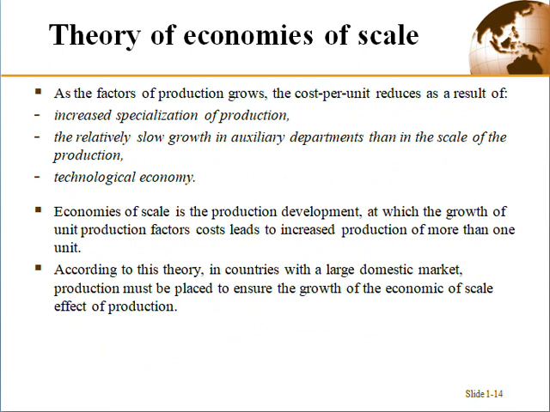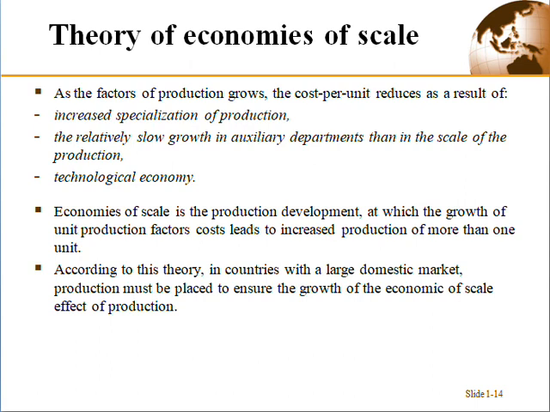And then the third theory, which is where we're going to end for today for this class, is the theory of economies of scale. Now, as the factor of production grows, the cost per capita reduces as a result of three key things. One, specialization in production. Two, the relatively slow growth in auxiliary departments compared to the scale of production.